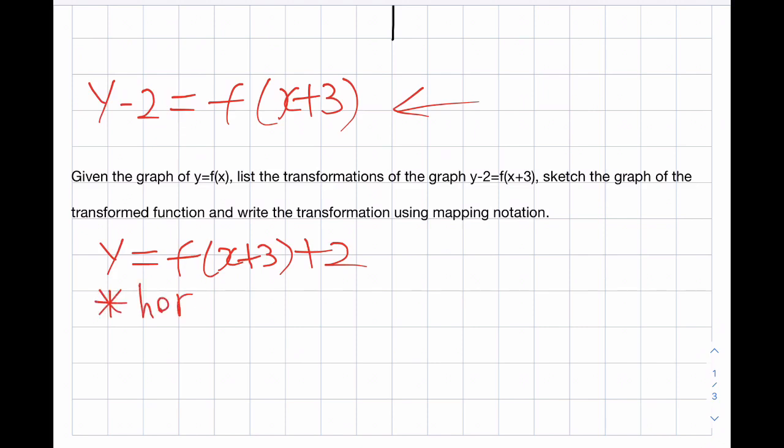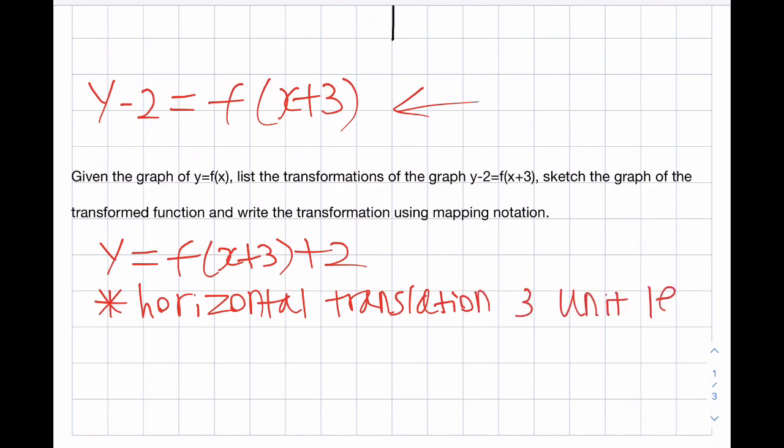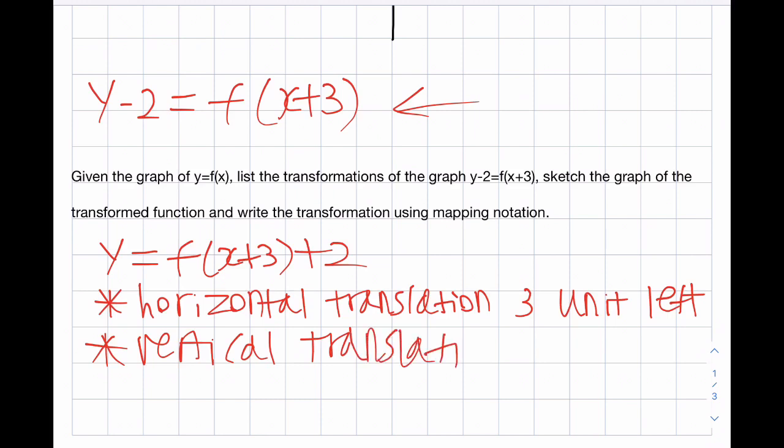We will have a horizontal translation, 3 units to the left, and we will also have a vertical translation, 2 units up.